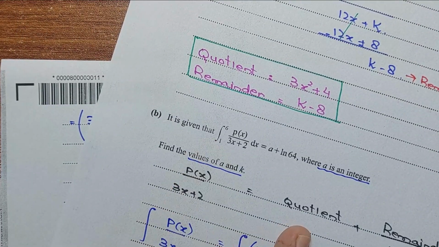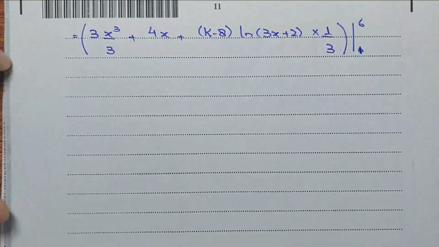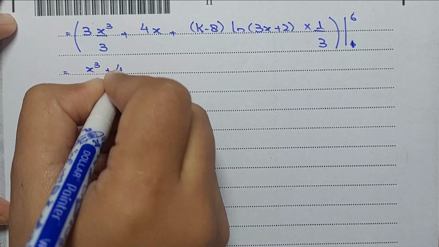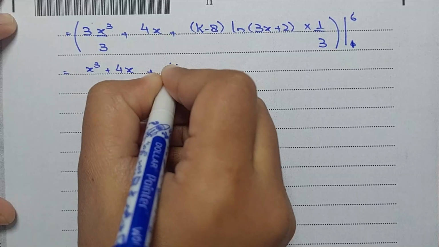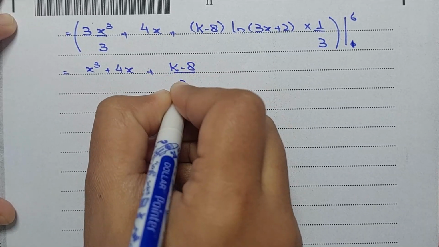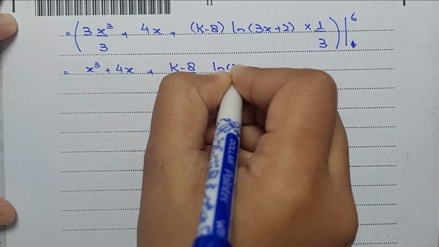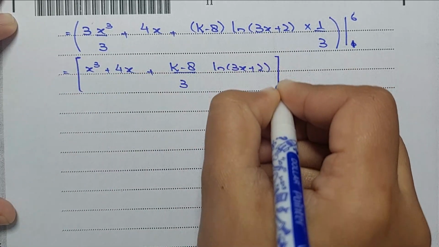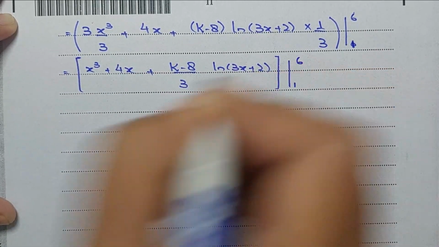The limits are from 1 to 6. Now here we have x cube plus 4x plus k minus 8 divided by 3, natural log of 3x plus 2, with limits from 1 to 6.